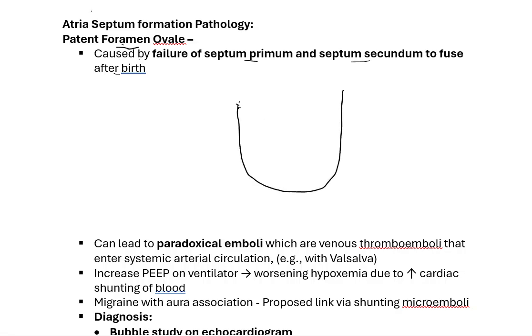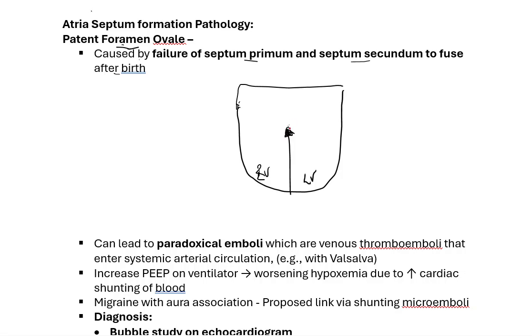So let's go back to our diagram. This is going to be the right ventricle, and this is going to be the left ventricle. And here we have our endocardial cushion somewhere around there.